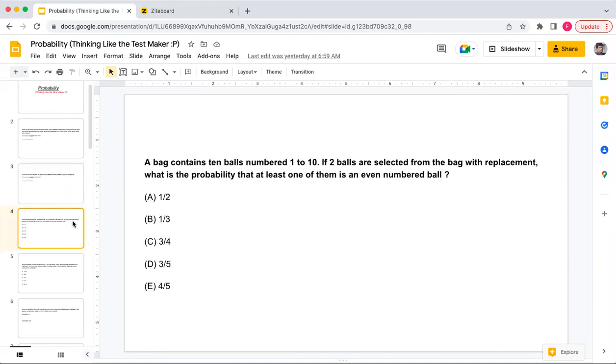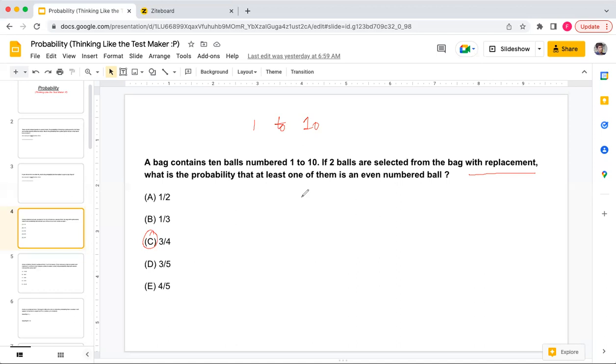10 numbers, 1 to 10. Okay, just quickly solve this question. Somebody is saying 3/4. Okay, in this question, we have 10 balls, 1 to 10. If 2 balls are selected from the bag with replacement, right? What is the probability that at least one of them is an even numbered ball?